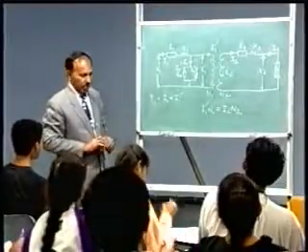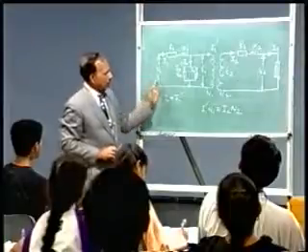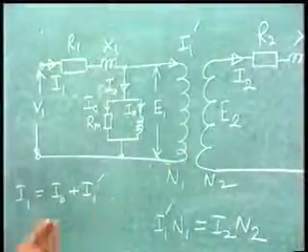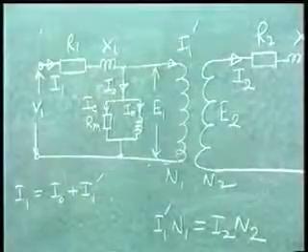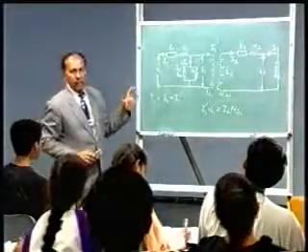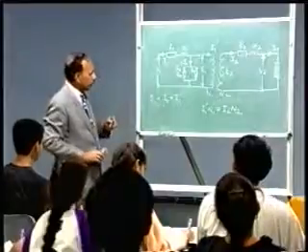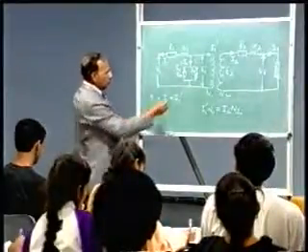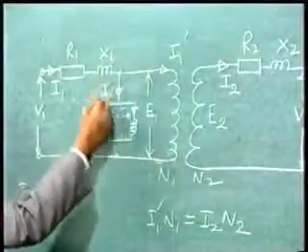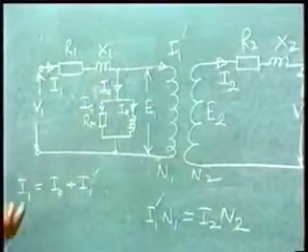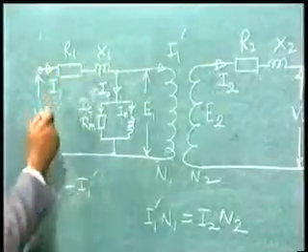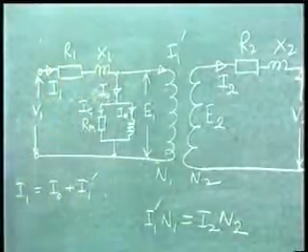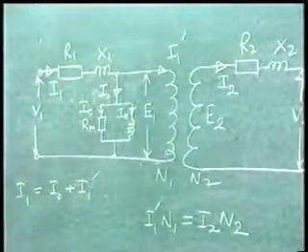Now, this is a coupled circuit. We can simplify this circuit and bring it to only a single circuit by making some approximations. How? You see this parallel branch I0, as compared to I1 dash or I1. The no load current of a transformer is very small.